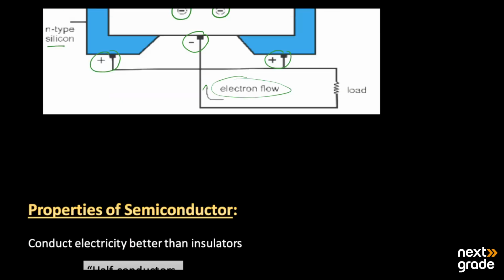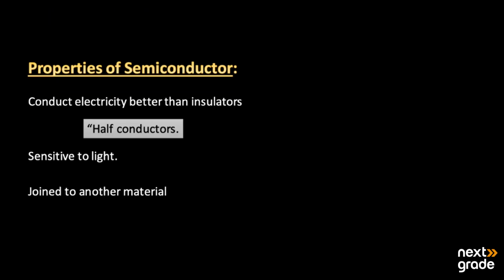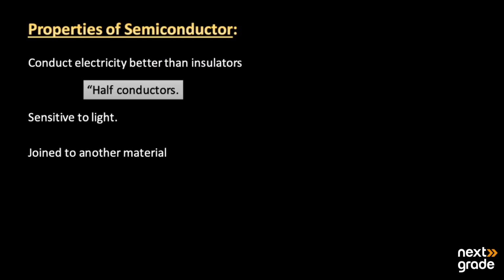Now we have some properties of semiconductors. The number one property is that they can conduct electricity better than insulators. Insulators are substances that do not conduct electricity, and that's why they are known as insulators.